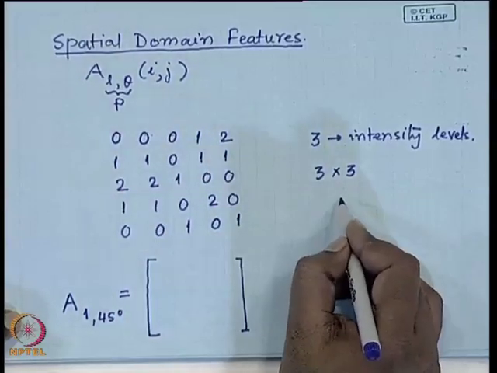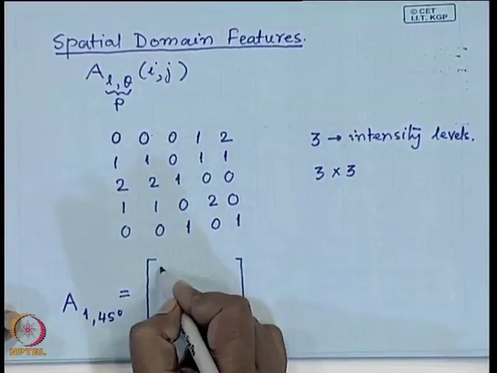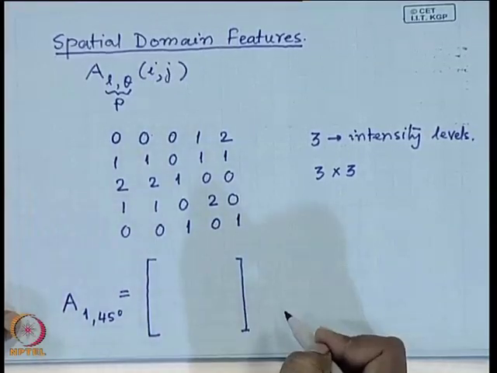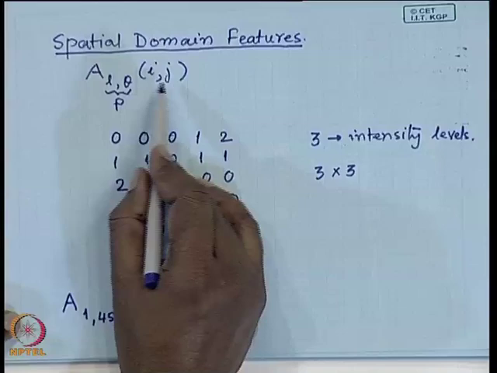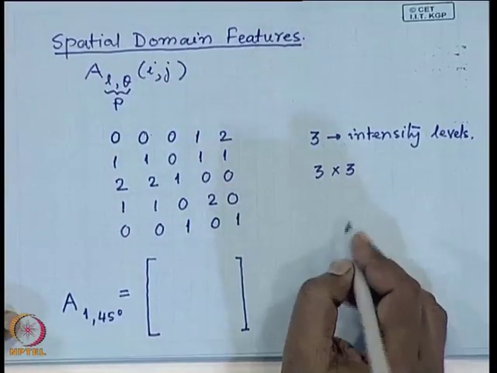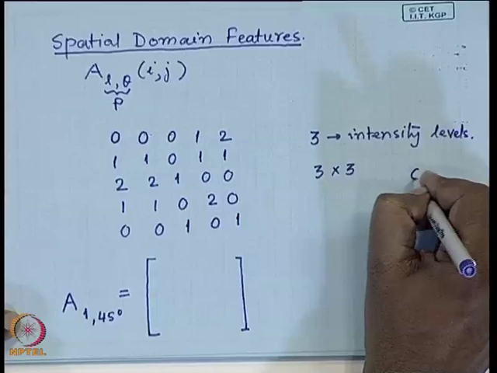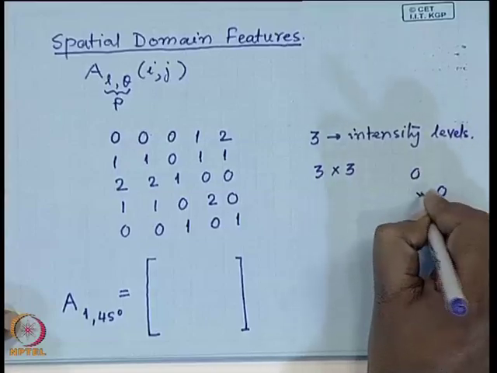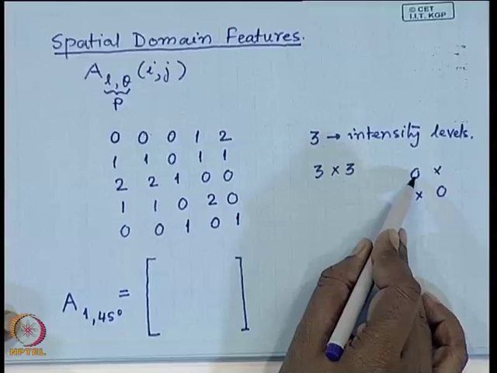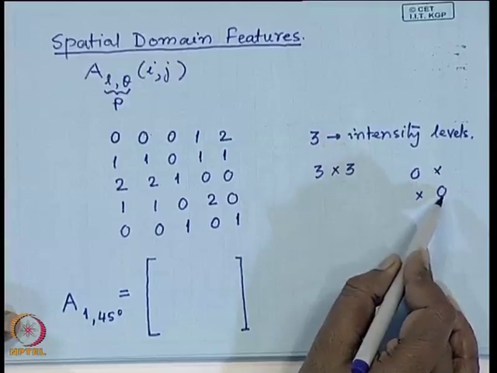Now, to compute the element A L theta 0 0, both i and j are 0. So I have to find the 0 0 pair occurring like this at a distance of 1 and inclined by an angle of 45 degrees.